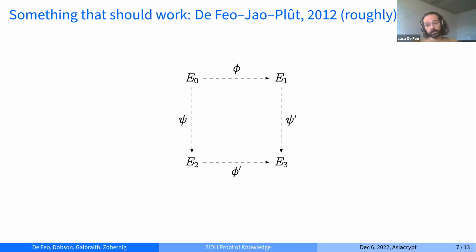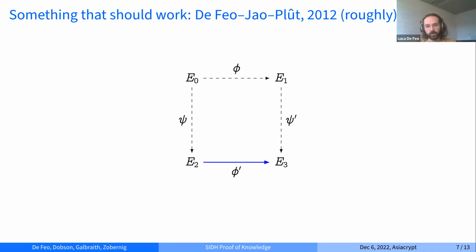So let's say phi is my secret that I want to prove knowledge of, and I can construct the push-out on top of some random isogeny psi and phi, and then I will get challenged with 1 of 3 possible challenges. If I get challenged with trait 0, I would reveal psi. If I get challenged with trait 1, I would reveal psi prime. And if I get challenged with trait 2, I will reveal phi prime.